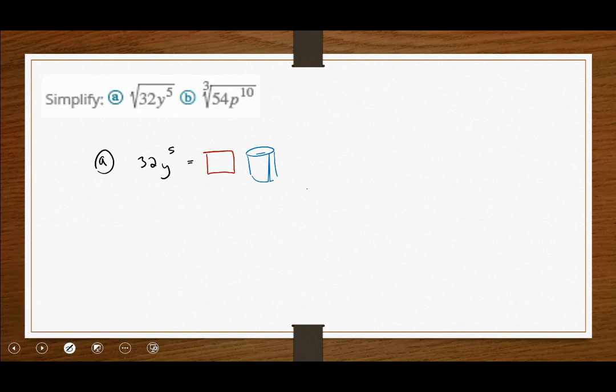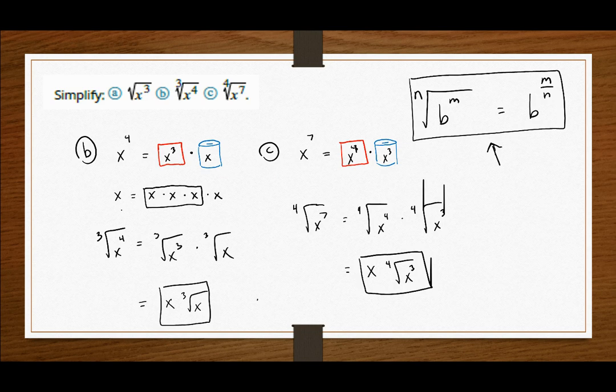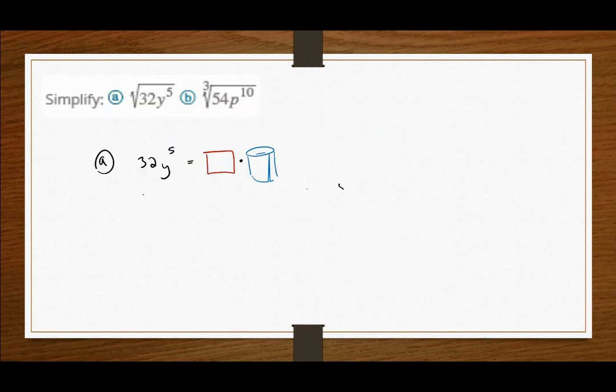So thinking about this one piece at a time, I'm going to start by considering what are the perfect factors inside of my coefficient, 32. Again, if it's not obvious, I can use some version of prime factorization to get at that answer. So for instance, looking at 32, I might think, well, that could be 4 times 8, where 4 is a perfect square.